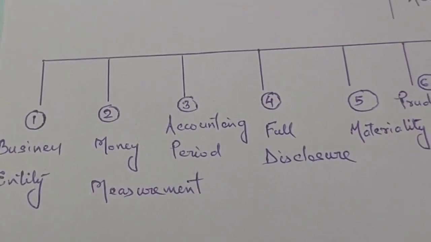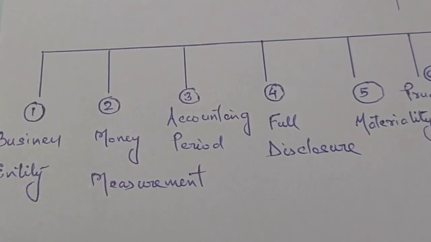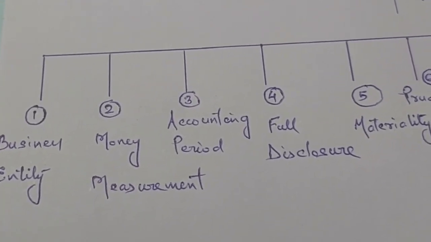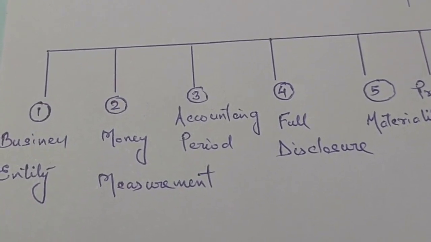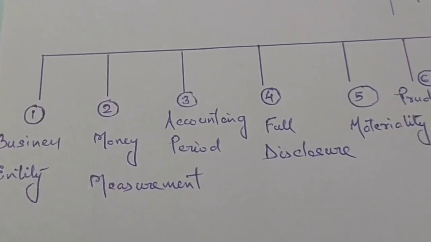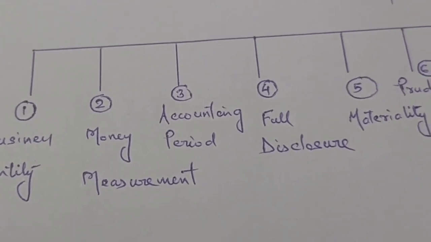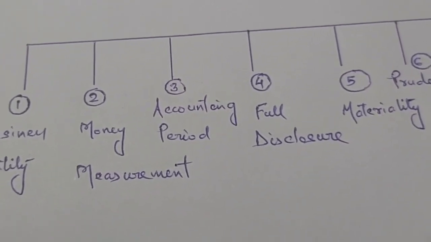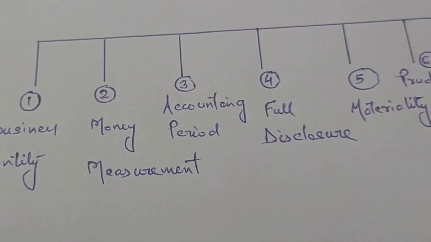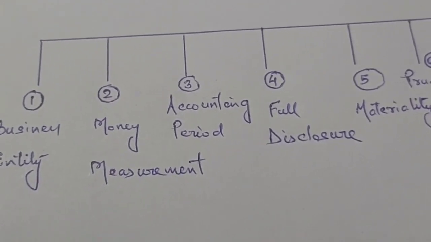That is, the business firm should be taken as a separate entity from its owners and other stakeholders. This convention is very important. Without following this convention, no business firm can calculate its correct profit.